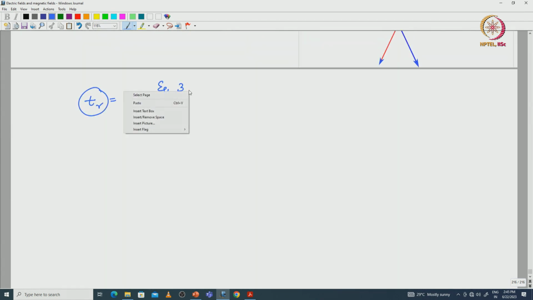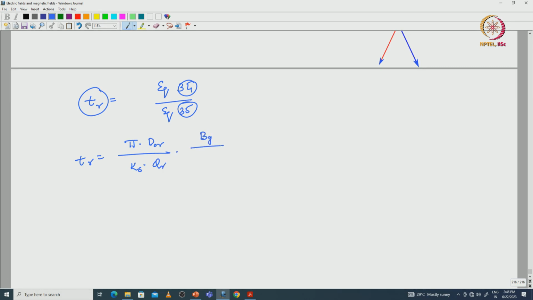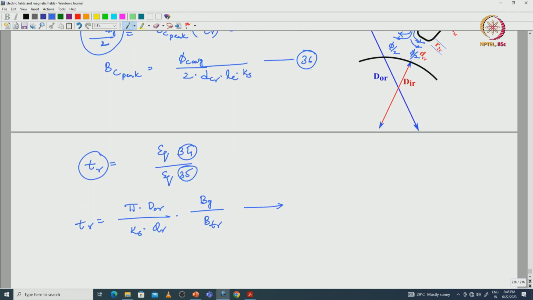From equation number 34 by equation number 35, we will get the TR value, that is tooth width, equal to pi into d naught r, outer diameter of the rotor, divided by stacking factor into number of slots into BGR divided by BTR. These equations we have already derived with respect to the stator, same way we can derive it for rotor also. This is equation number 37.